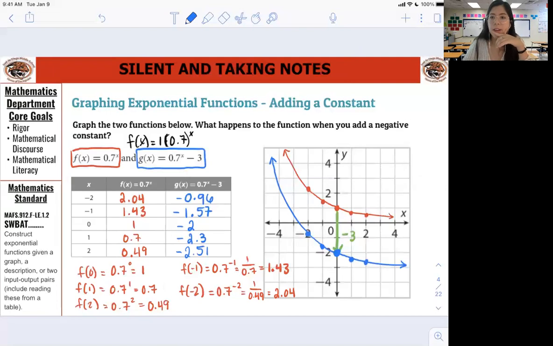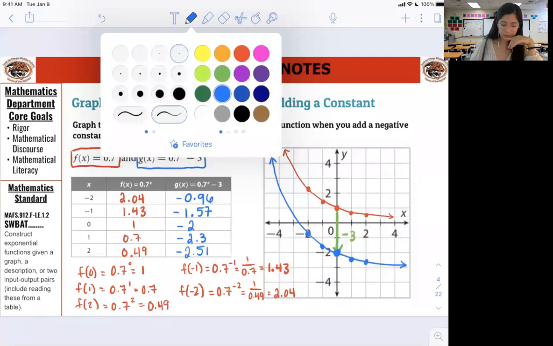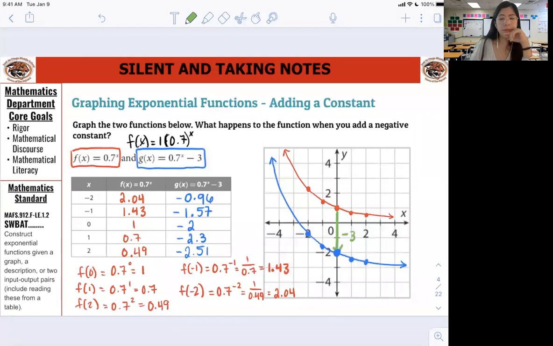Okay, how did I get the numbers for g of x? Can anybody explain one more time, how did I get those numbers? We subtracted 3 from f of x. Yeah, all we do is look at the equations. The equations are almost exactly the same.